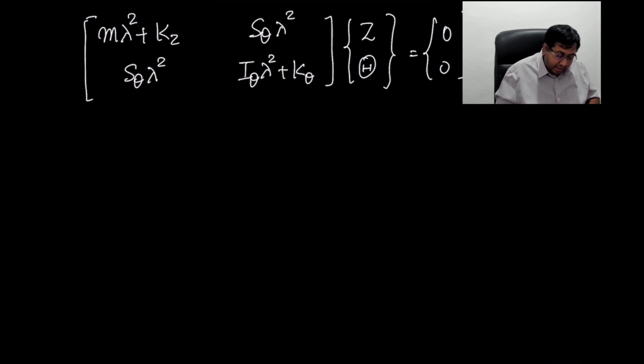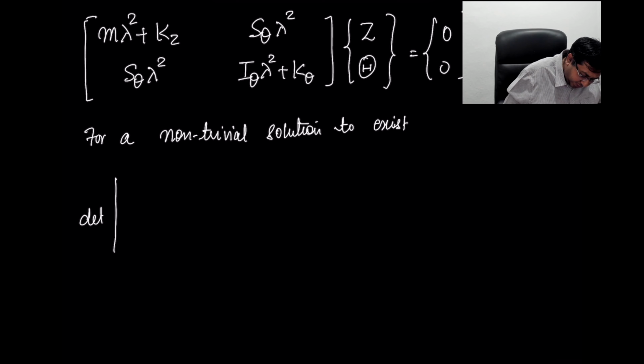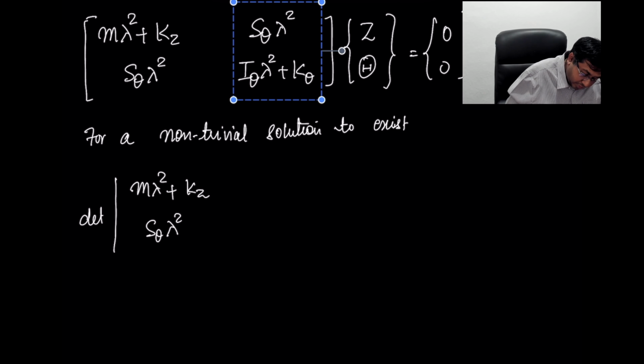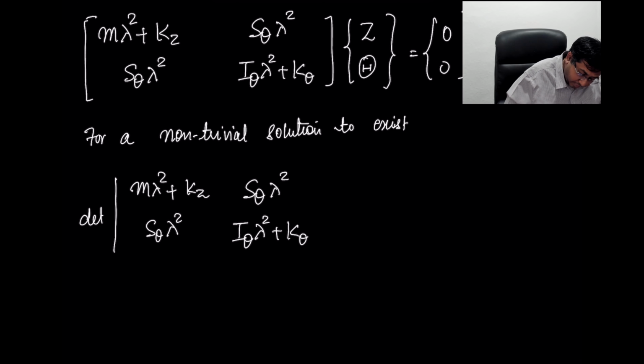And from our earlier class, we remember that for a non-trivial solution to exist, the determinant of this matrix needs to be equal to 0, right?